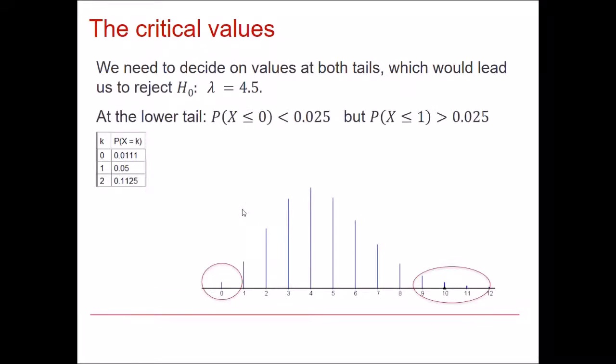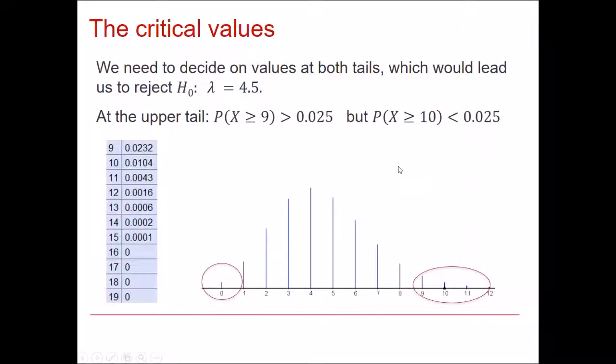If we consider probabilities at the lower tail to begin with, we can see that if we chose the probability x was less than or equal to 1, we would have a value which is greater than 2.5%. So our critical region at the lower tail is less than or equal to 0, or just equal to 0 really, because that probability is less than 2.5%, which is the significance level for the lower tail.